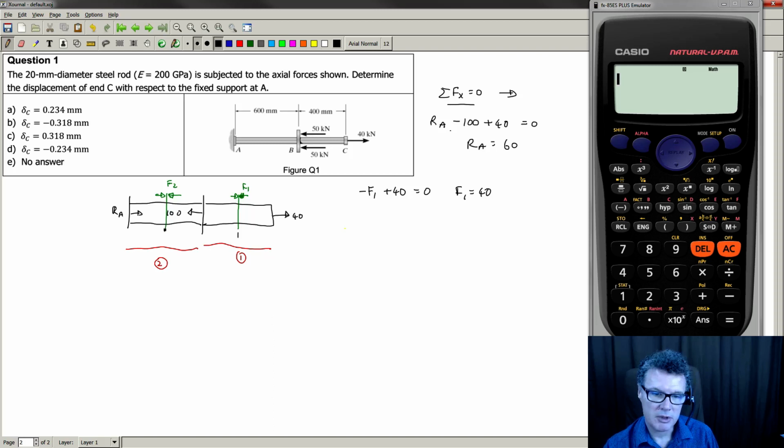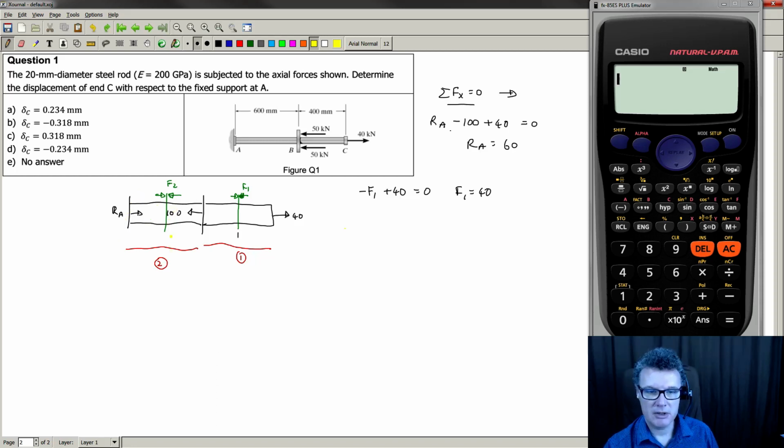And then when we come to section 2 and do the same thing, we're imagining that all this bit to the left here is being ignored. Now, when you look back to the right of this line, the F1s both cancel out, so you ignore them. In fact, they're not being exposed. There's no cut there, so you can't actually see them. The only exposed internal force is going to be this F2.